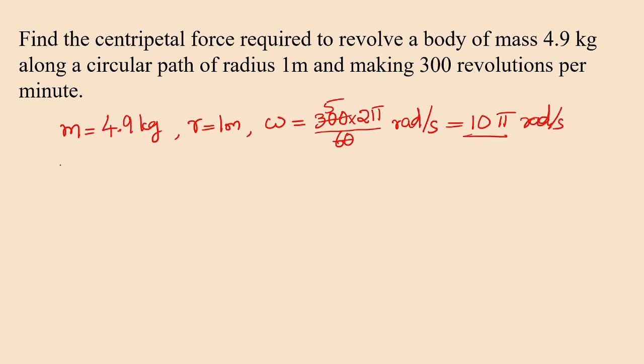Okay. Now let us write the equation for centripetal force in terms of angular velocity. That is Fc equal to m r omega square. So let us substitute m 4.9, radius is 1 meter, and omega is equal to 10 pi.